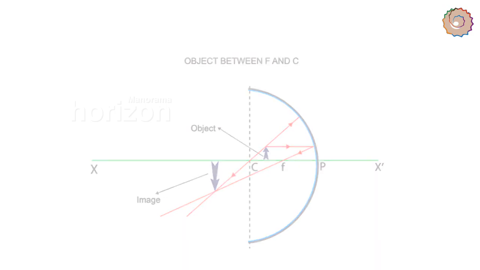Next, the object is at the focus. You can consider this to be the converse of the first case. In the first case, the object was at infinity and the image was being formed at the focus. Here, the object has been placed at the focus. All the rays coming from this object will strike the mirror and be reflected parallel to each other.